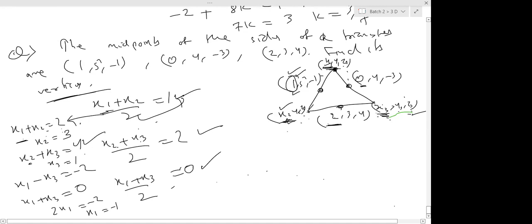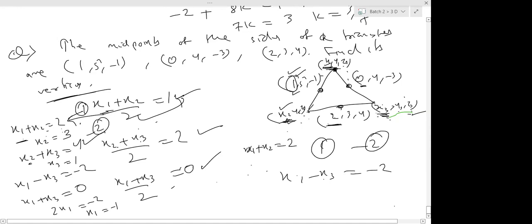Now this is just a simultaneous equation, right? We are solving for 3 variables. This is equation 1 and this is equation 2. If you do 1 minus 2, you will have x1 minus x3 is equal to minus 2, because equation 1 is x1 plus x2 is equal to 2, and equation 2 is x2 plus x3 is equal to 4. If you subtract them, x2 and x2 cancel. x1 minus x3 is equal to 2 minus 4.